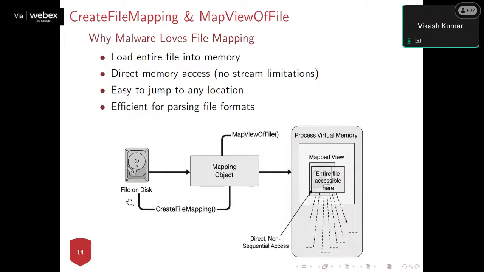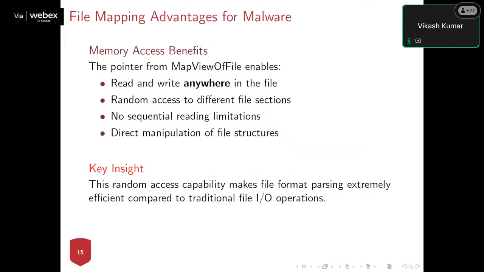Whenever we call CreateFileMapping from the disk, it will have the file mapped into the virtual space, virtual memory. And your MapViewOfFile will get the base address of your virtual space, and then it is just a matter of iterating over that virtual space and getting all the contents from it.